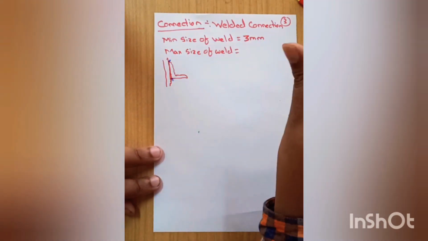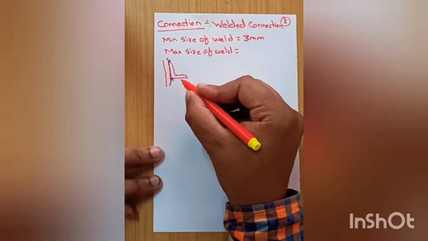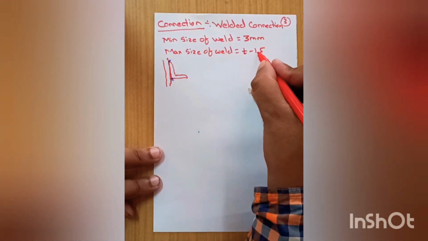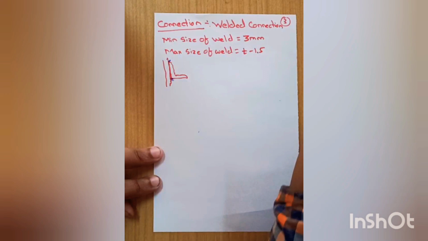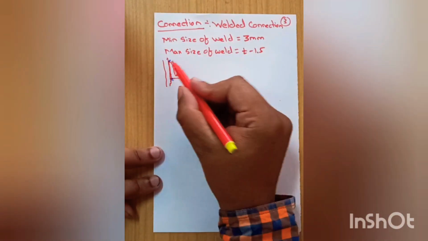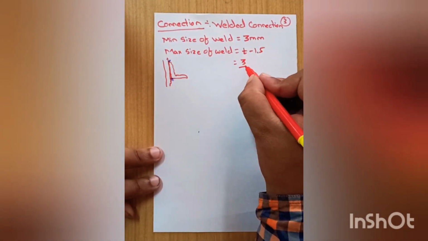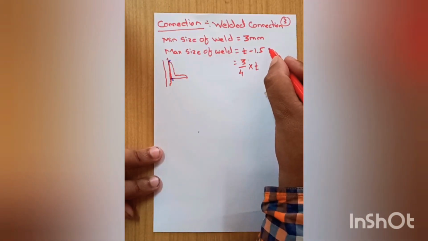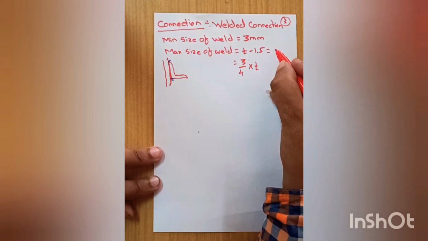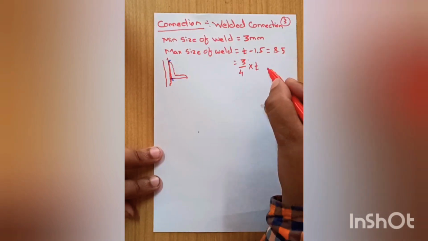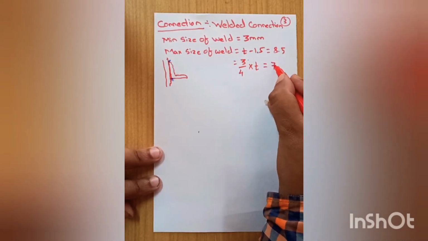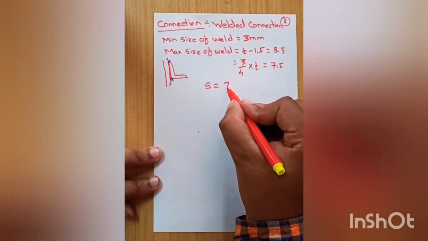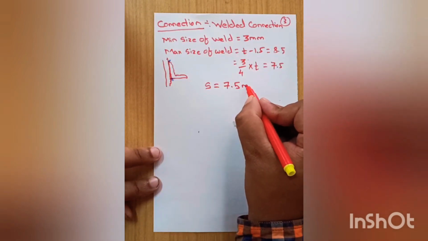So around the square edge, it is T minus 1.5, and around the toe of the angle, that is at this location, it is 3/4 of the thickness. So T minus 1.5, thickness is 10 mm, comes around 8.5, and 3/4 of 10, 7.5. So let us provide the size of the weld as 7.5 mm.